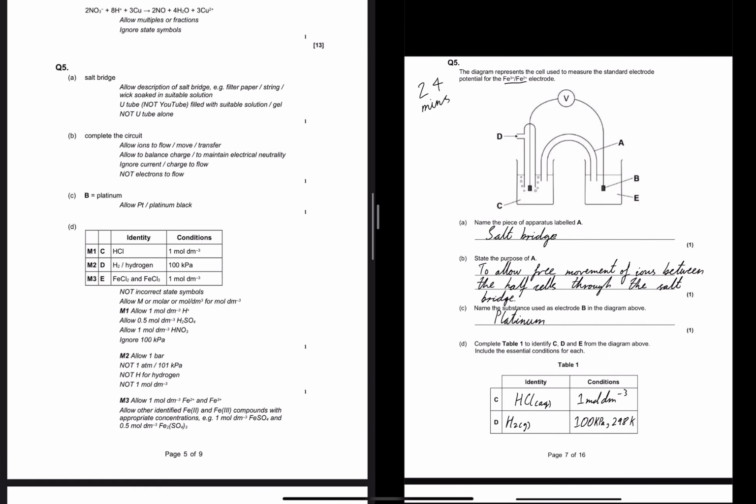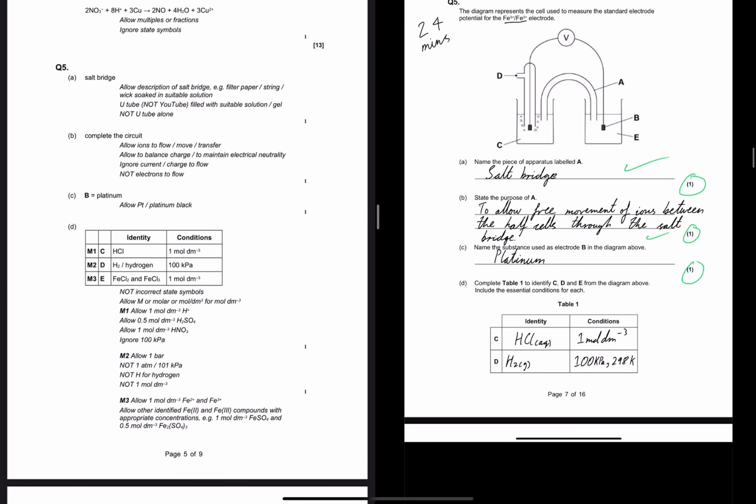So, salt bridge, complete the circuit. It says allow ions moving, to allow free movement of ions. Yep, that's fine. You could also say here to maintain charge balance, but it's only 1 mark, so I didn't think I needed to say that. Yeah, allow ions to flow, move, transfer, fine.